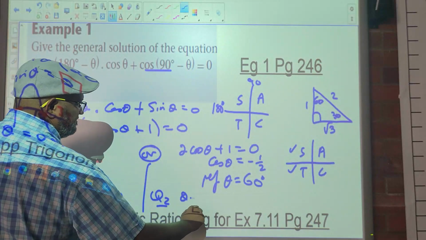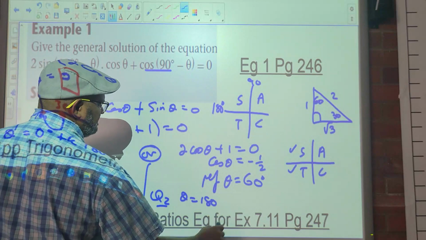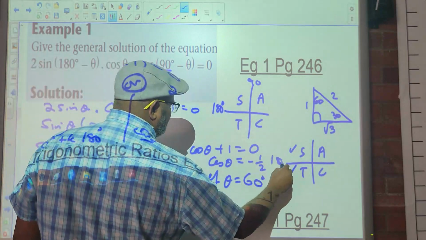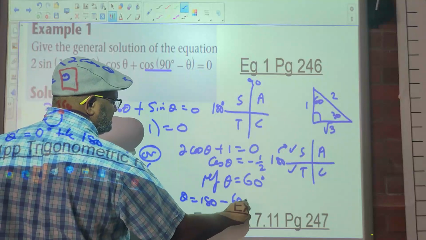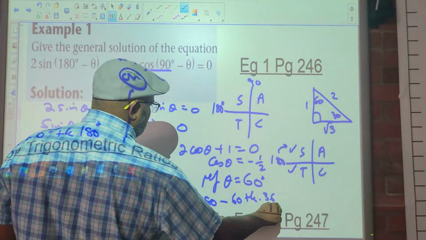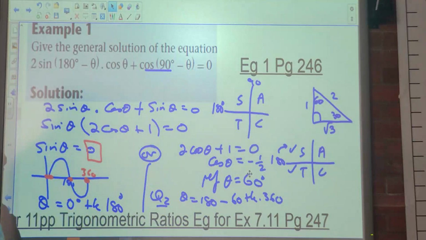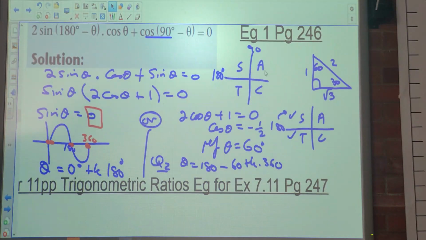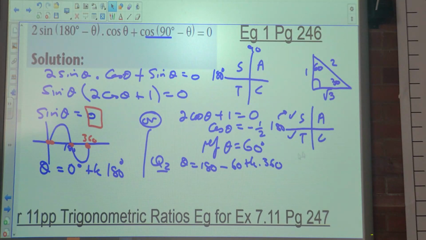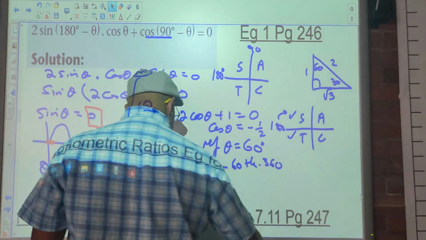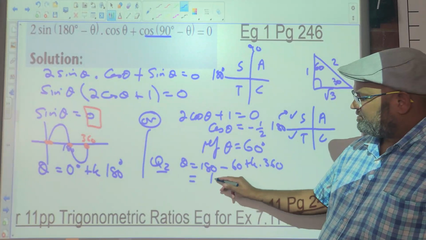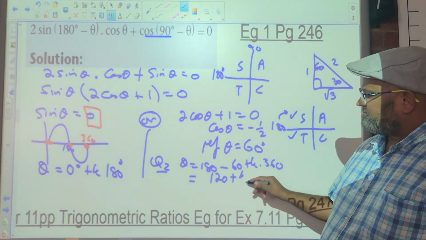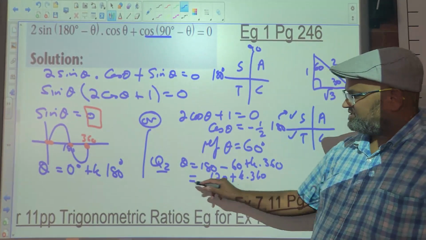It's going to be theta is equal to 180 minus 60 plus k times 360. Why k times 360? The period of the cos graph is 360. So what's 180 minus 60? 120 plus k times 360.